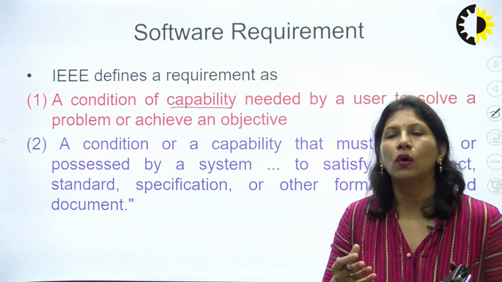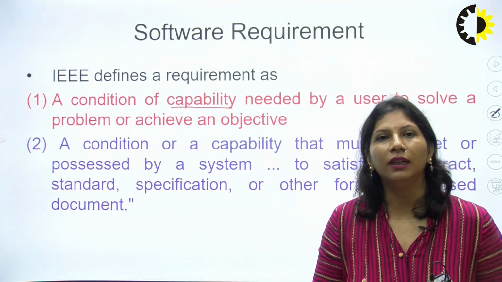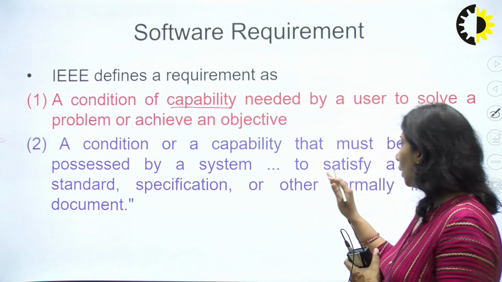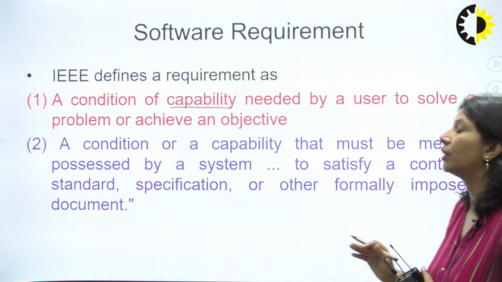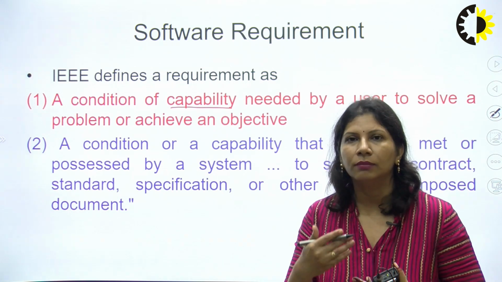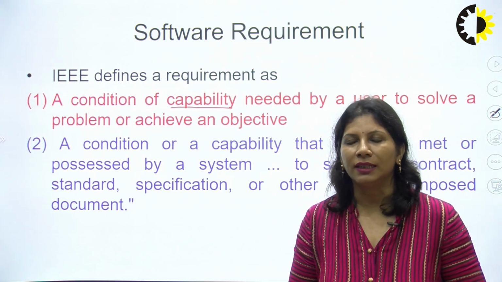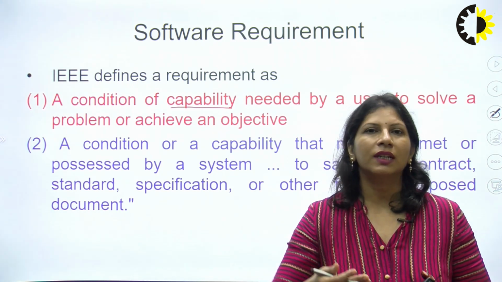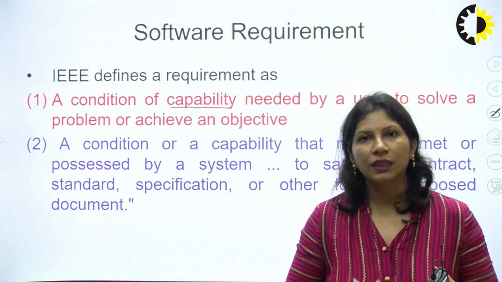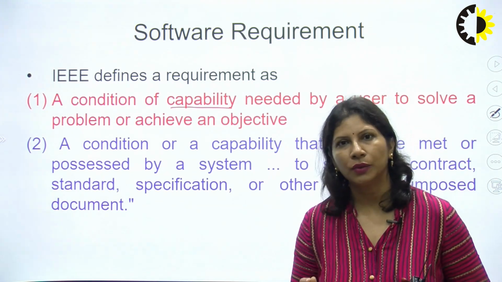That means what the system will deliver to you at the end, or to satisfy a contract. That means if I am going to give something to be developed, I will say these are my needs. Then another person on the other side will understand your needs and design the system accordingly.